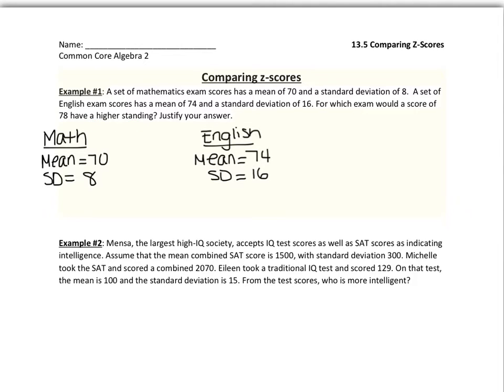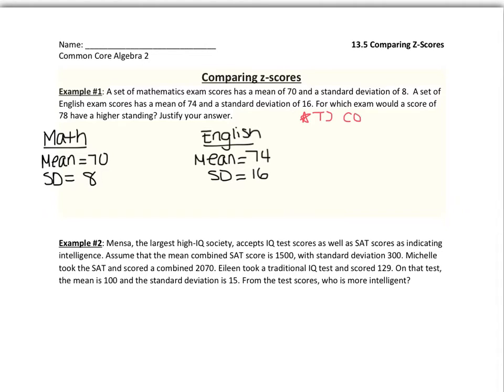Well, in order to compare two different data sets with two different means and two different standard deviations, we have to do something called normalizing the data. So let's write this down.